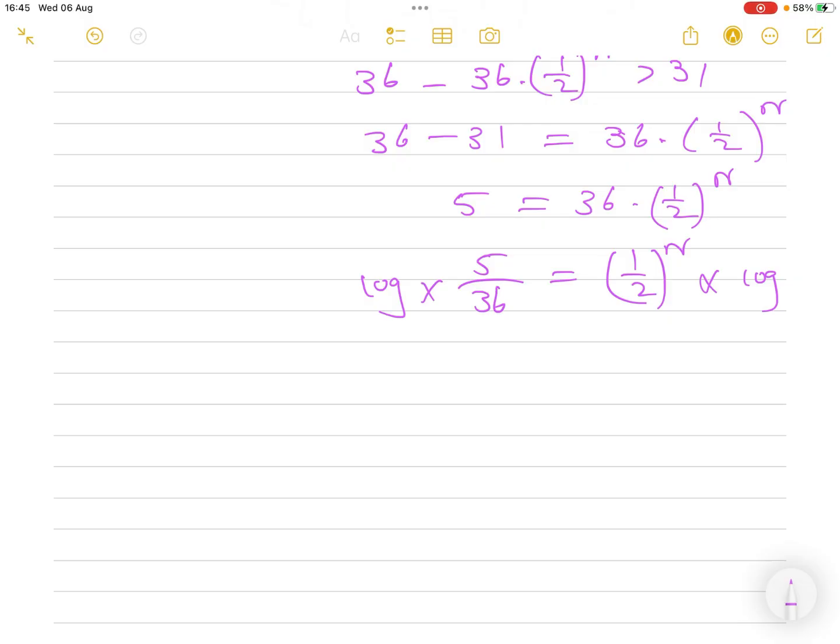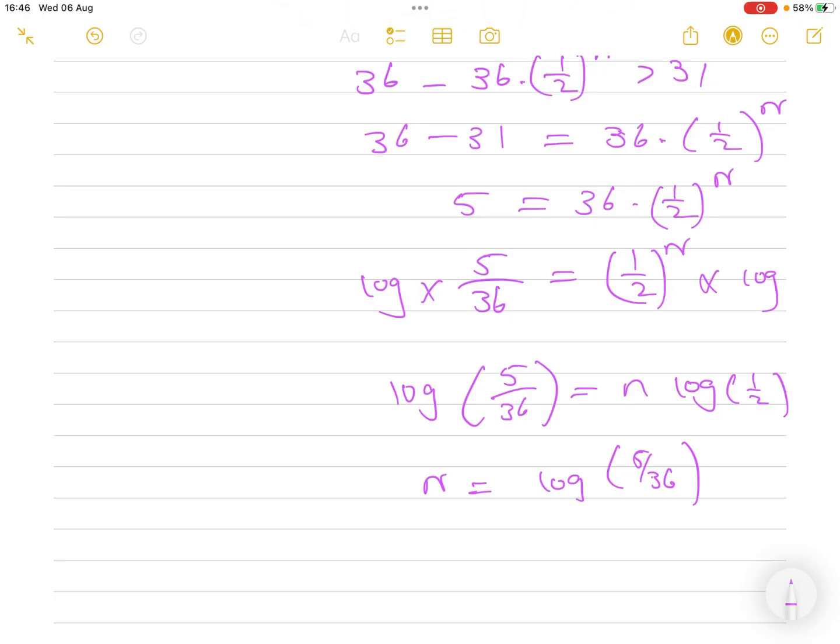So I will end up with log of 5 over 36 equal to n log of half. So n is equal to log of 5 over 36 divided by log of half. So what will be the solution?